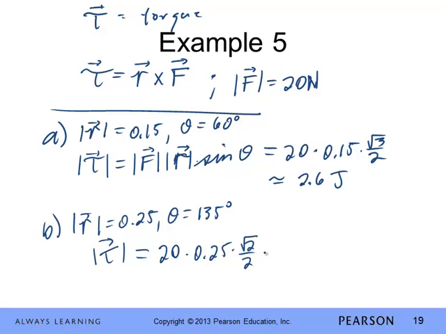And what does that work out to be? You got 20 times 0.25 times square root of 2 over 2, approximately that's equal to what, about 3.5? So 3.5 Newton meters or joules.